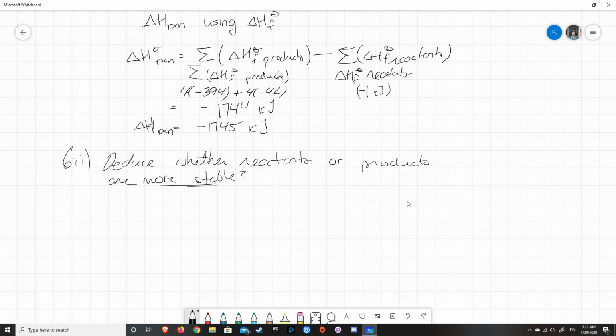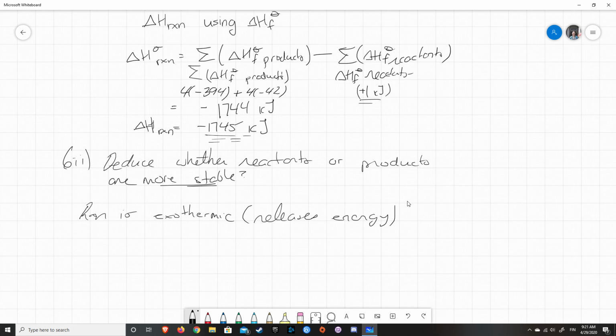One doesn't require much energy to form, and the other requires a lot of energy to form. We see that this reaction is highly exothermic, which means that it releases lots of energy.